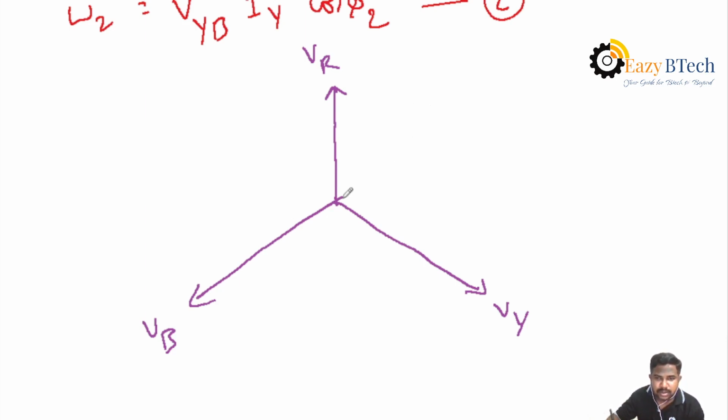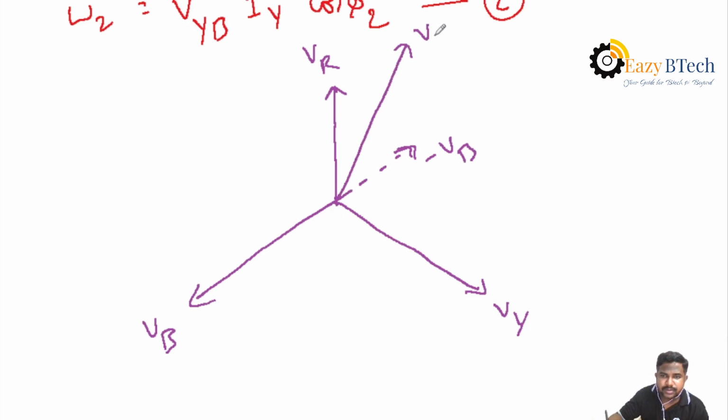That means the opposite of VB is nothing but the minus VB vector. Hence the voltage VRB is the combination of both vectors, that is VRB equal to VR minus VB.